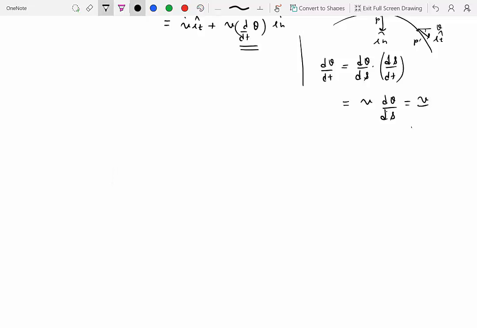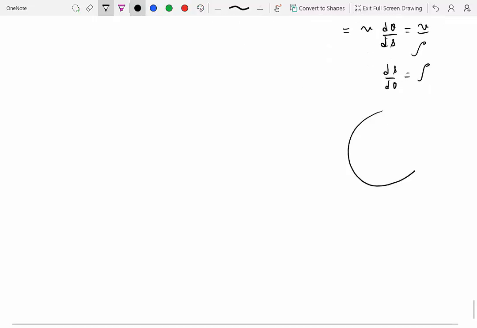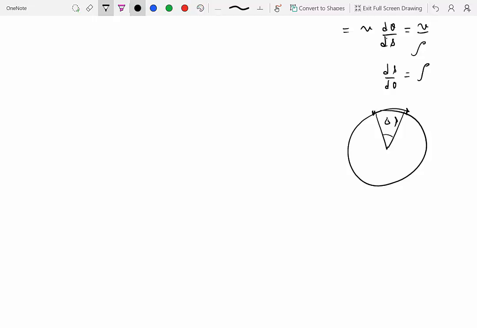So do we know what d theta over ds is? This is 1 over the radius of curvature. So ds over d theta in differential geometry is defined as the radius of curvature. Now you have used something similar for a circle, right? If you have a circle, you have an arc subtended over here, let's say of distance delta s, then the angle that this arc makes at the center, let's call it delta theta. There is a relationship between these two, right?